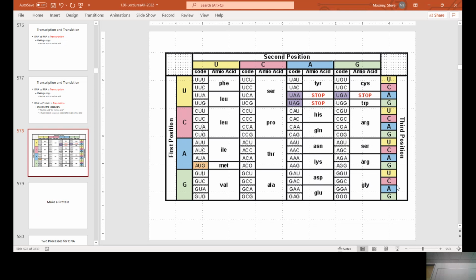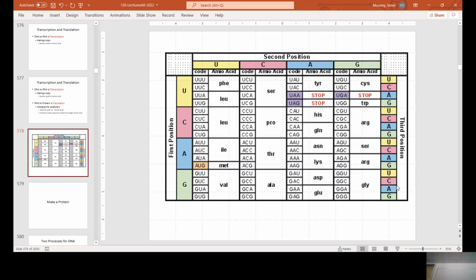So we can talk about the first position, so uracil, cytosine, adenine, guanine. So all the codons that are in this section, their first position is guanine. All the codons in this section begin with a C, or a cytosine. Everybody see how that works?